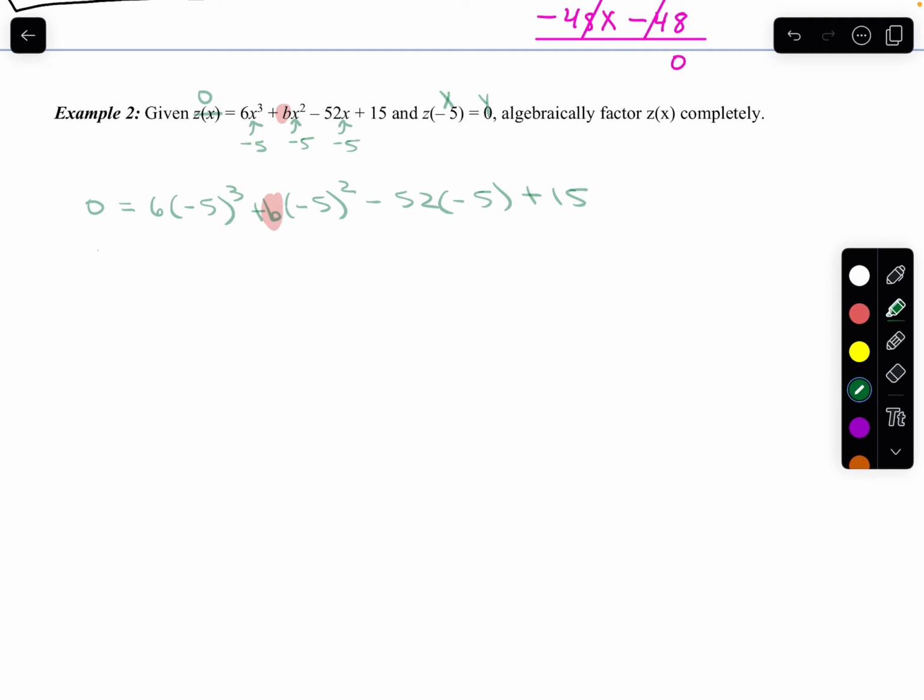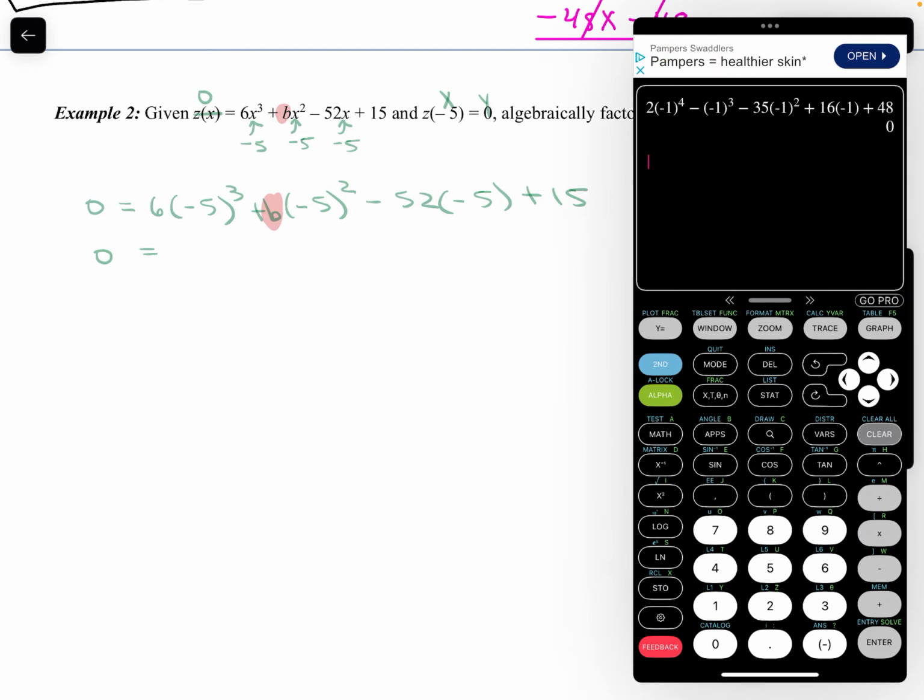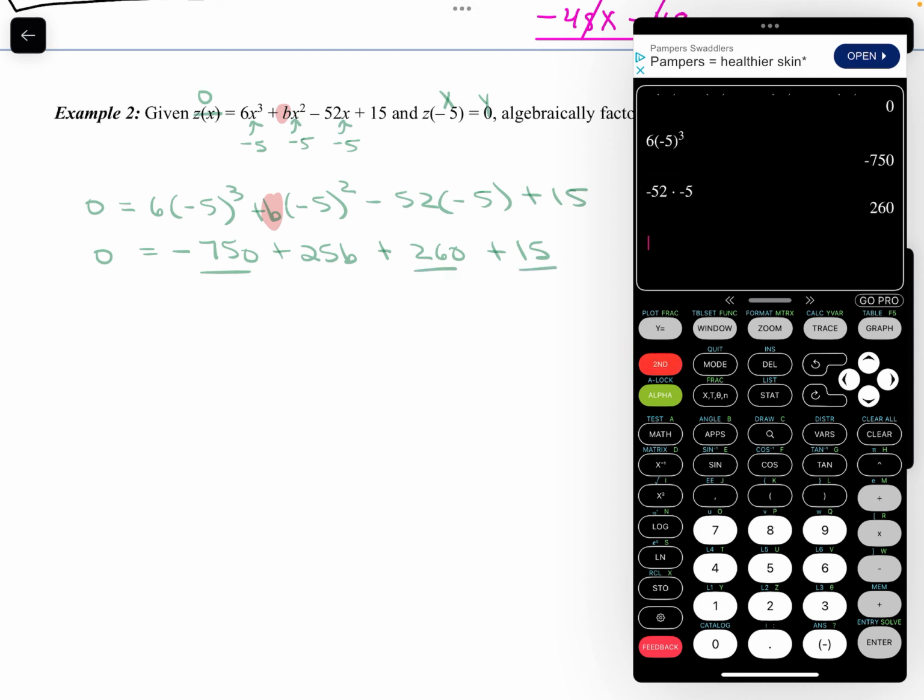Okay, let's see if we can figure this out. So we have 0 equals 6 times negative 5 to the third. So 6 times negative 5 to the third is negative 750. So we have negative 750 plus b times negative 5 squared. So negative 5 squared is 25. So I'm just going to write this as 25b. And then we have negative 52 times negative 5 would give me a positive 260 plus 15. So now I have some like terms I can combine. Negative 750, 260, and 15.